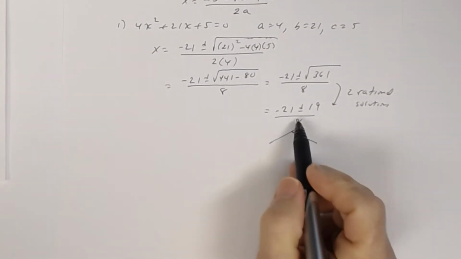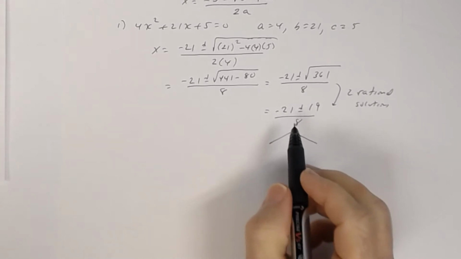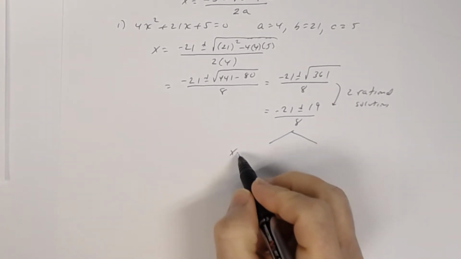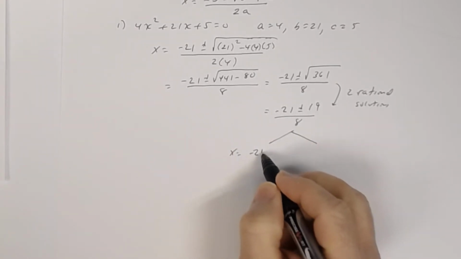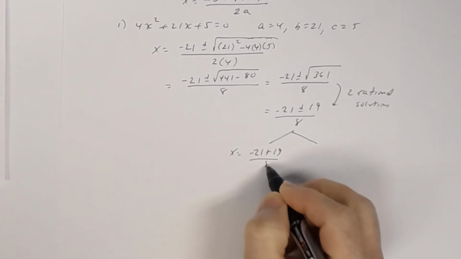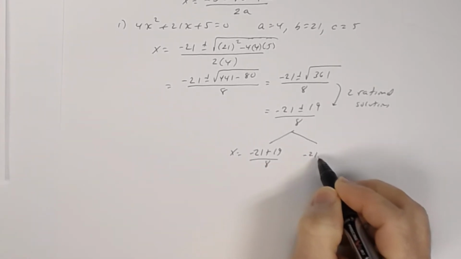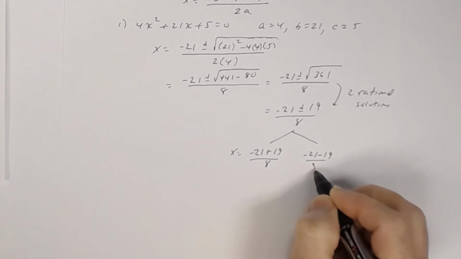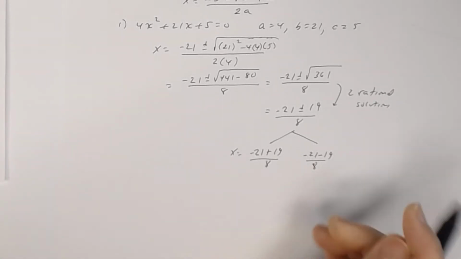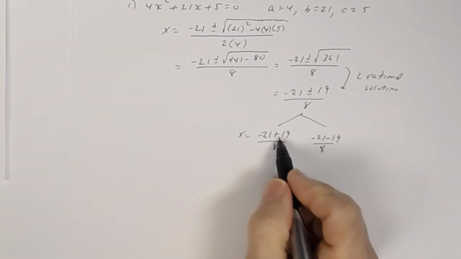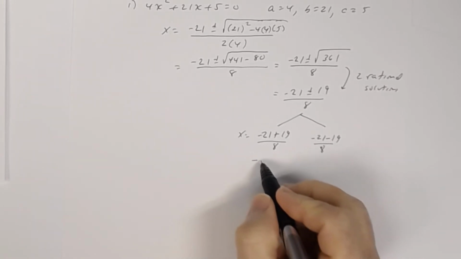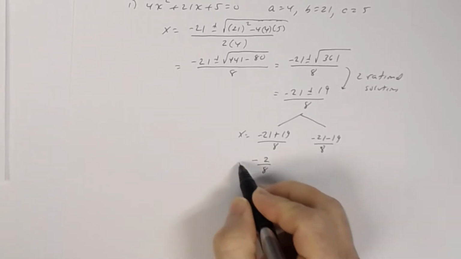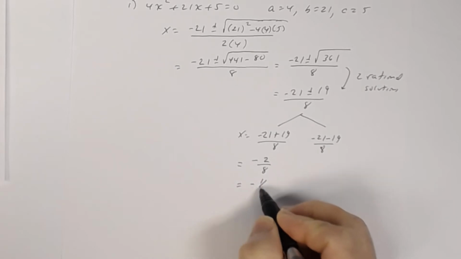Your solutions will be x equals negative 21 plus 19 divided by 8, and negative 21 minus 19 divided by 8. Then you simplify that a little further. Negative 21 plus 19 is a negative 2/8, which reduced is a negative 1/4.